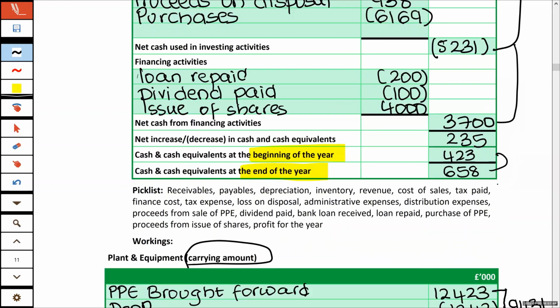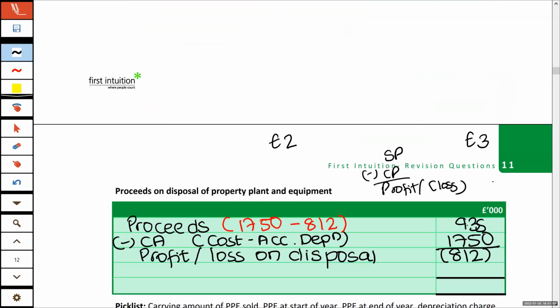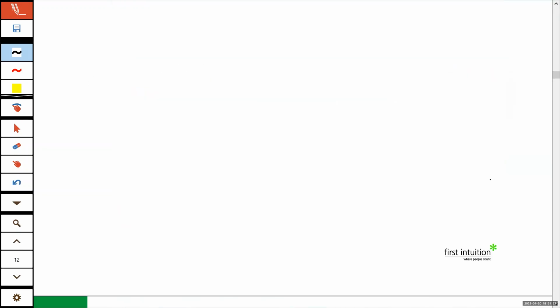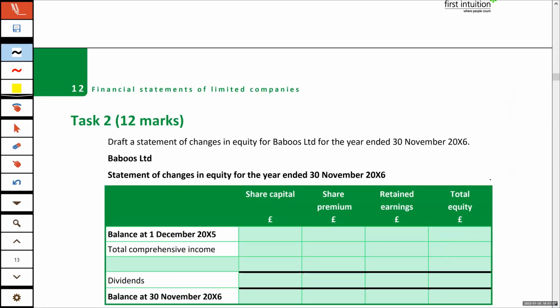As we've still got 9 minutes, I know it's gone more than a half an hour session. I did forewarn you about it. However, let's just finish off task 2 as well. So task 2 is a smaller task because you've spent so much time in task 1. All we need to do is take the figures that we have in our pro formas and put them in our statement of changes in equity.